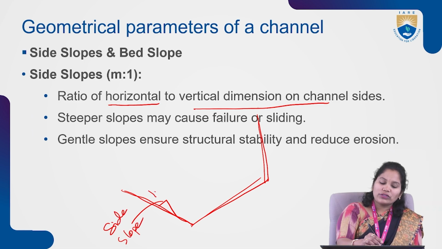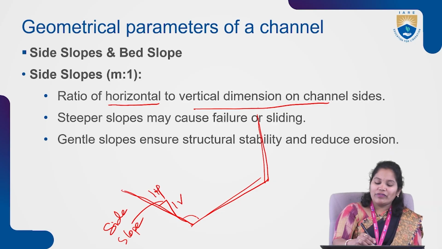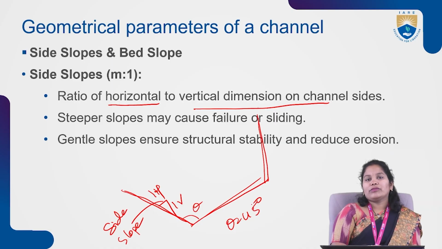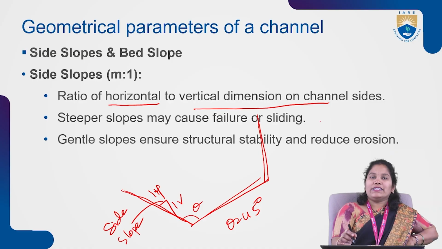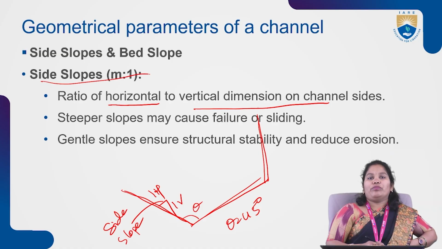If it is one vertical to one horizontal, then the angle is 45 degrees. So the horizontal and vertical dimensions of the channel sides, that is your side slope.